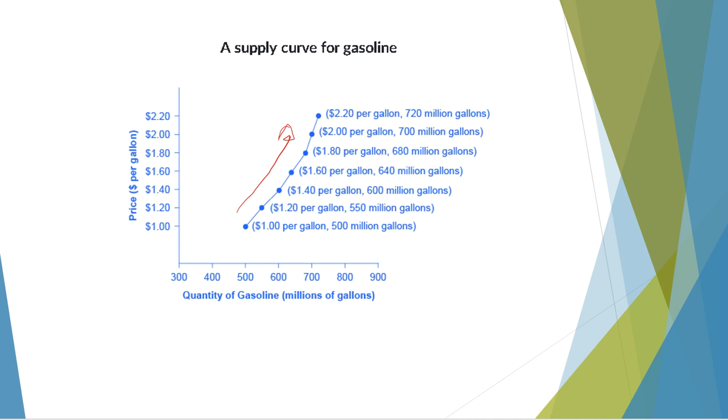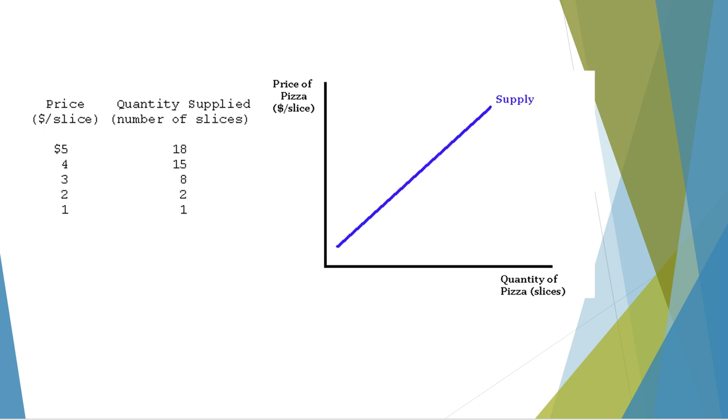Lagi mahal harga barang, lagi banyak yang producer dapat produce, sebab they can make profit, right? This is another example. This one is the supply schedule for pizza. Pada harga pizza satu slice, kuantiti yang dapat dia produce cuma 1 unit sahaja.